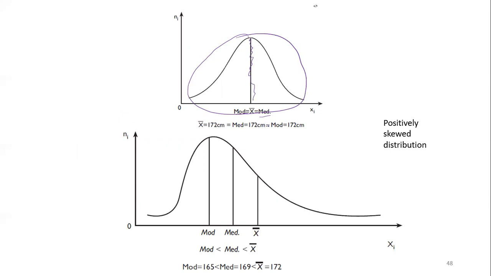But if more of the data is accumulated at the left, this is what we call a positively skewed distribution. Here is the mode. Remember, the mode is the most frequent one.